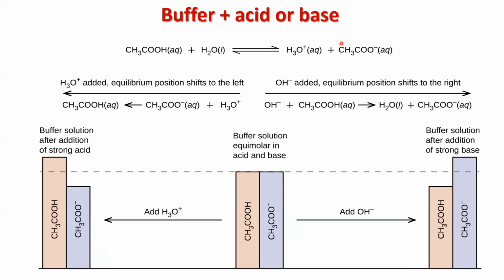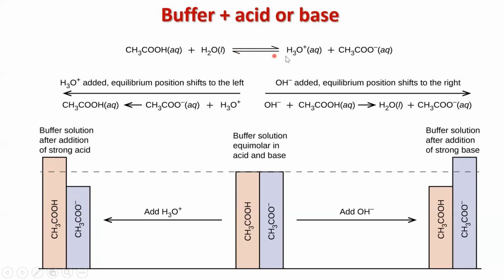How does that happen? If we were to add an acid to this buffer solution, it would react with the base in the buffer solution and drive the equilibrium in this direction. In doing so, the acetic acid concentration will go up and the acetate ion concentration will go down.